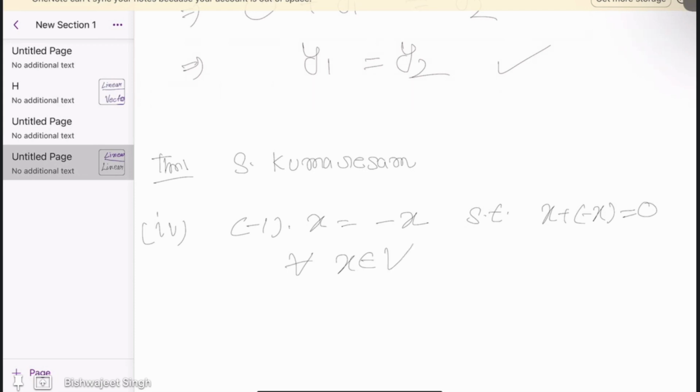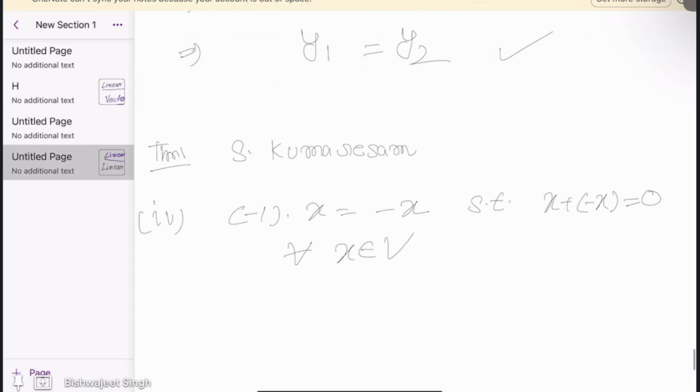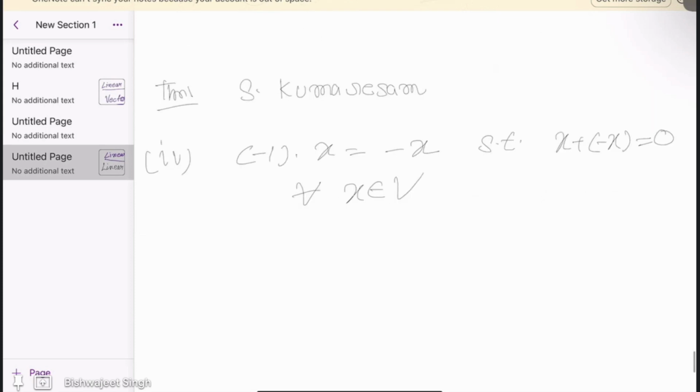So the theorem is that minus 1 dot x is equal to minus x, such that x plus minus x equals 0 for all x. So this is one theorem. Another one is that alpha dot 0 is actually 0. Now this alpha belongs to R, and this 0 actually belongs to the vector space V. So this is the big 0, that is the 0 vector, and not the real number 0.